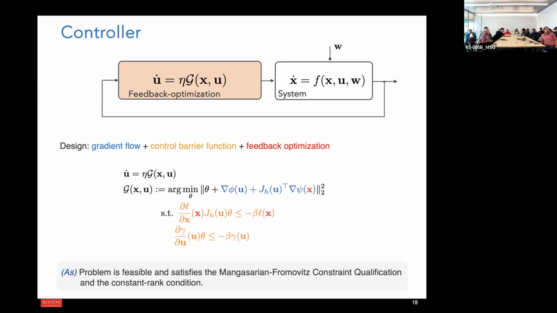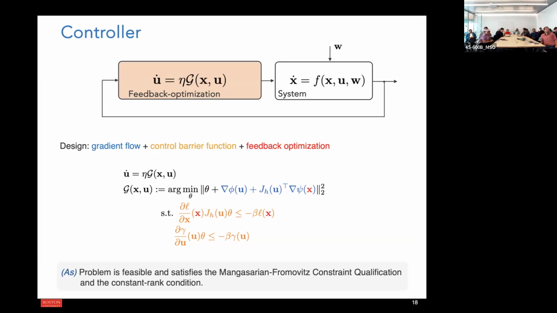What I'm going to assume is that for every X in a given region of interest, this QP is feasible. I'm also going to assume that the Mangasarian-Fromovitz constraint qualification and the constant rank condition hold. Why am I doing that?